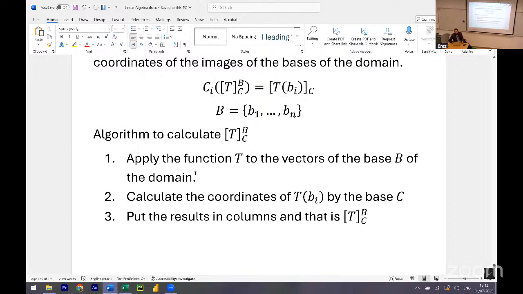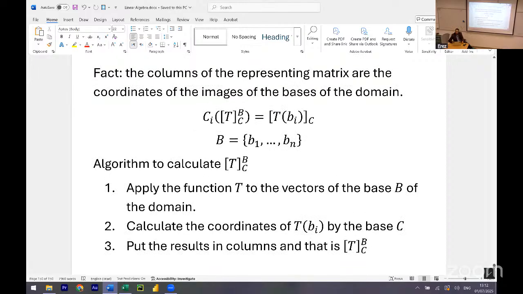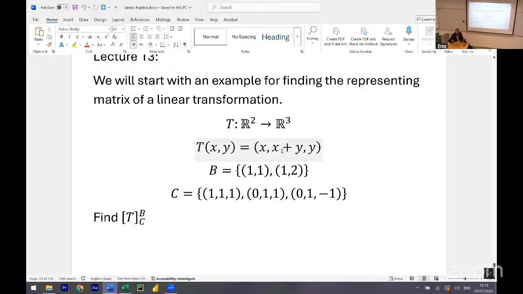Okay, so we wish to calculate the representing matrix. I gave you the algorithm. I gave you an example last time, and now we will do the calculation. So try to stay with me. That's the function. The function's input, the domain, is vectors from the plane R squared, pairs of xy. The output is vectors in the 3-dimensional range, R cubed.